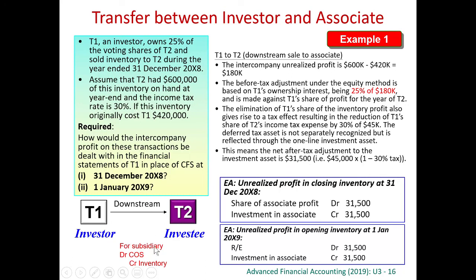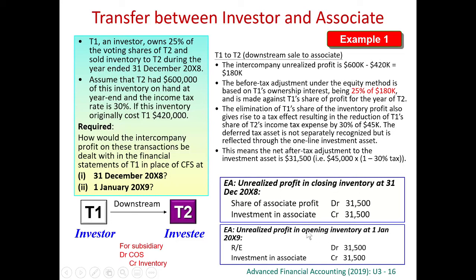If this were a subsidiary, we would debit cost of sales and credit inventory because we have to reduce the inventory figure. But this is not a subsidiary. For an associate, instead of debiting cost of sales, we simply debit share of profit of associate. We don't credit inventory because this is not a subsidiary. For an associate, we simply credit investment in associate. This is what we have to do at the end of the year.